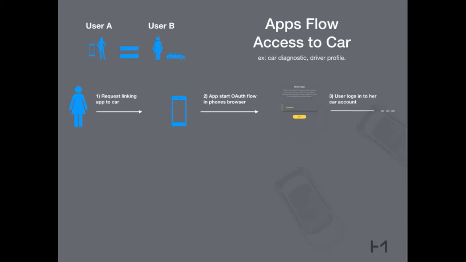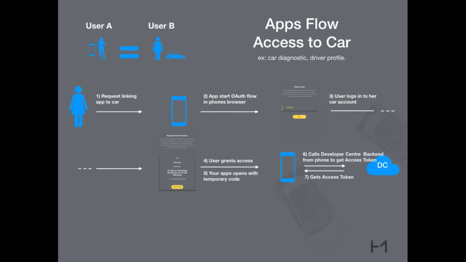the authorization flow, which we call the OAuth flow. In the user's phone browser, it will open a new window, and in that window user A will log in to her own account that is connected to the car, and then approves that your application is allowed to access the car.